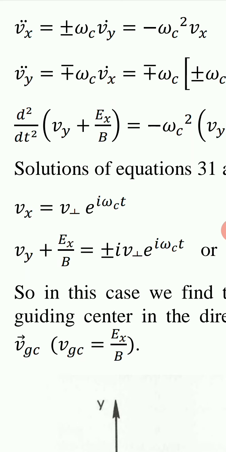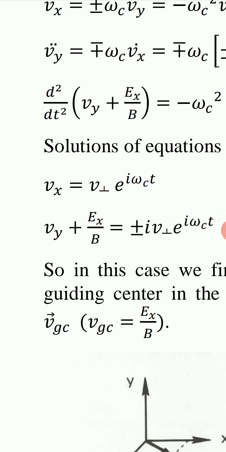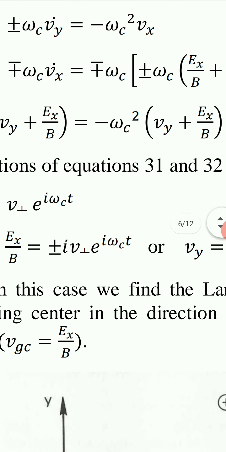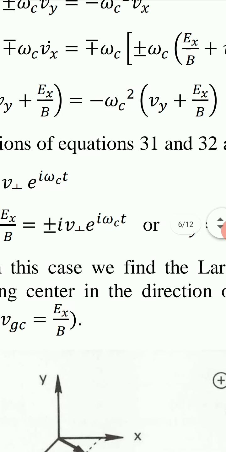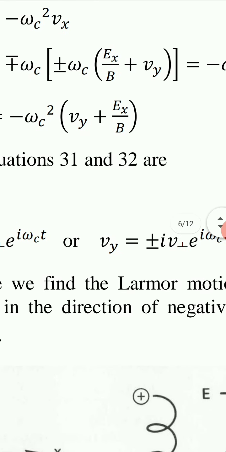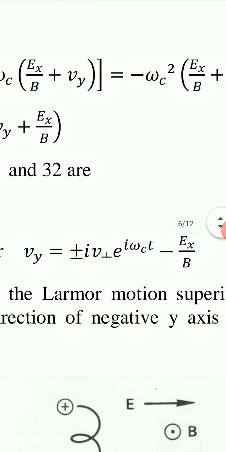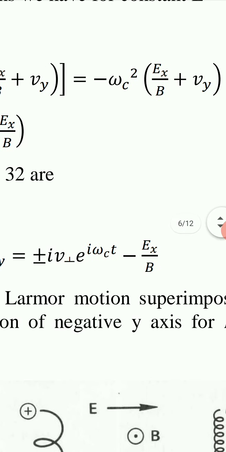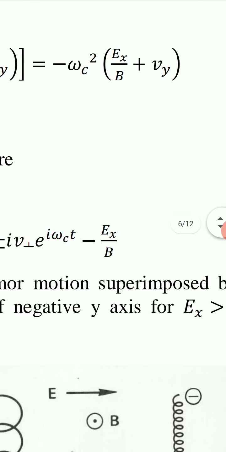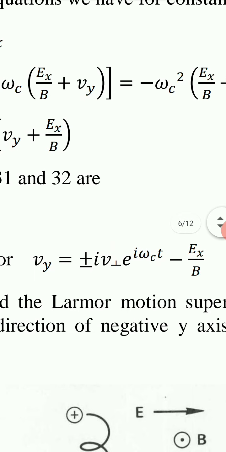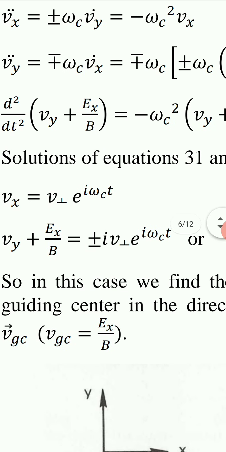So left hand side is Vy double dot, which we write as d2Vy upon dt square, and in place of Vy we write Vy plus Ex upon B, because in right hand side we have this type of term, Vy plus Ex upon B. In right hand side we have minus omega c square Ex upon B plus Vy. So we make such a term in left hand side also.